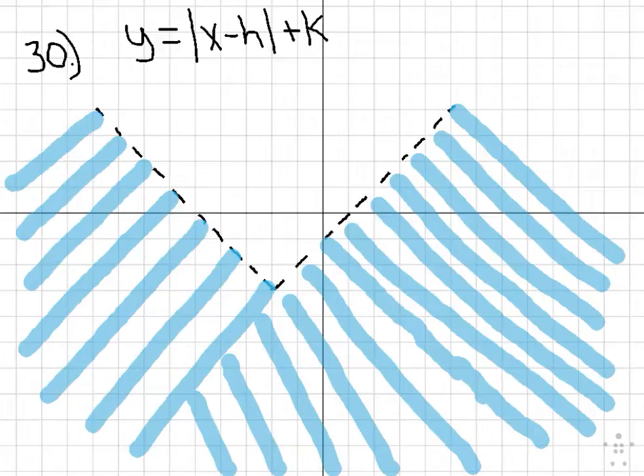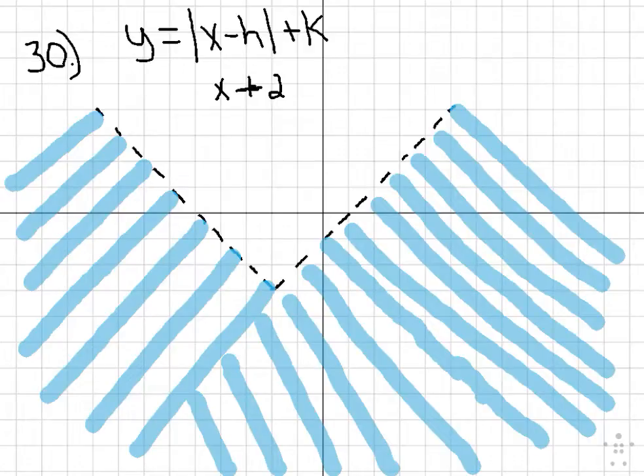That means h is going to be positive 2. Or we would think of this as, since the minus sign is supposed to be there in our equation, x minus negative 2, which is really plus.